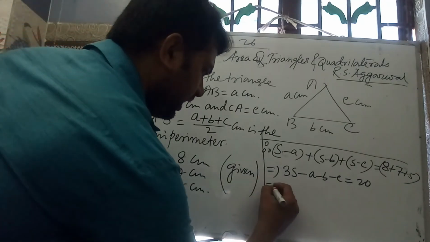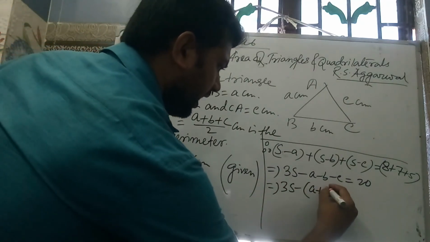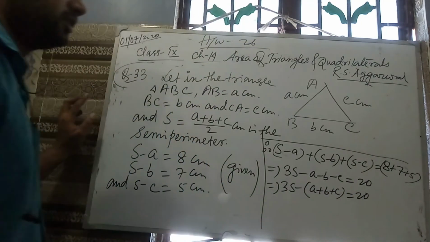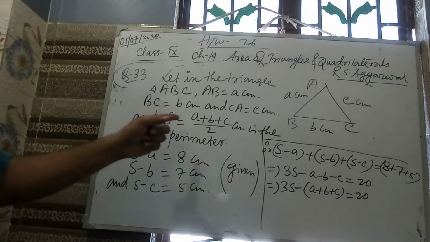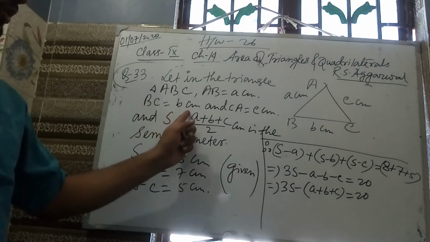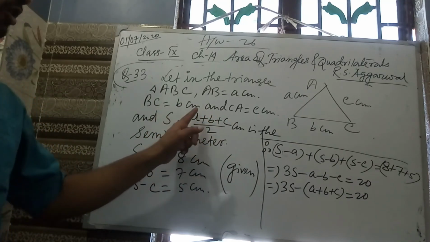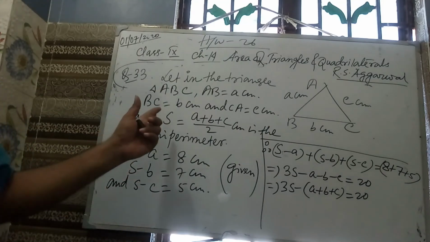Now look, can we write it like this? 3s minus (a plus b plus c) equal to 20. Here s equal to a plus b plus c by 2. So 2s equal to a plus b plus c. Isn't it?